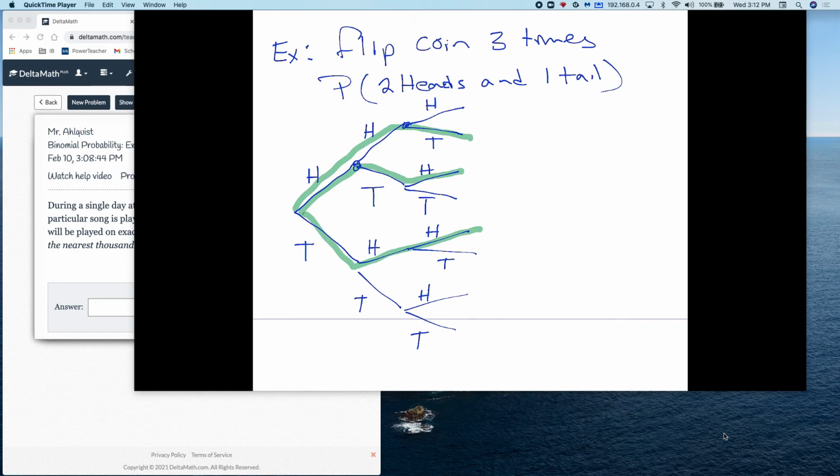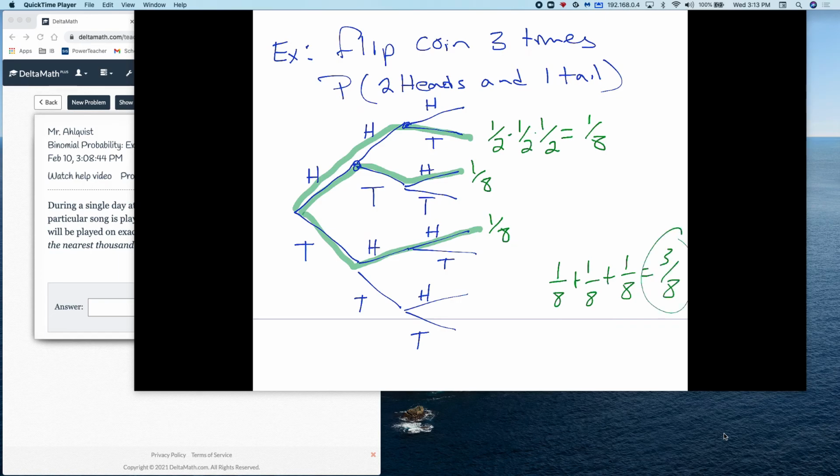And each of those branches, if you remember from what we did previously, is 1/2 times 1/2 times 1/2. Each one of these branches has a 1/8 chance. If we add those up, 1/8 plus 1/8 plus 1/8, we get 3/8.